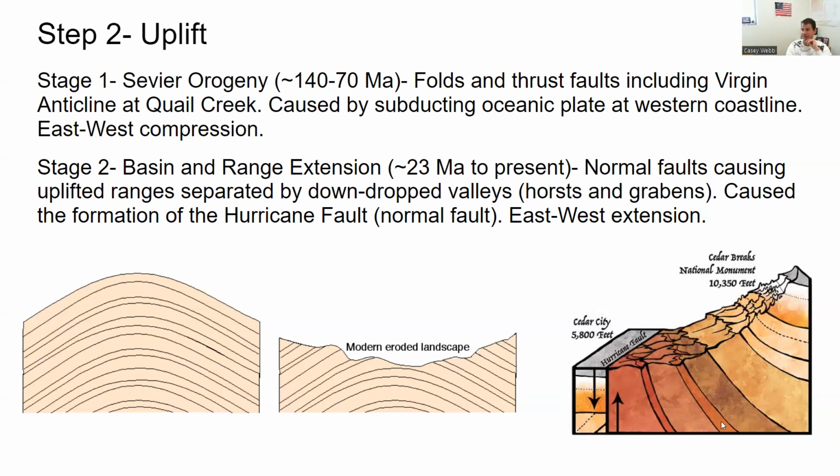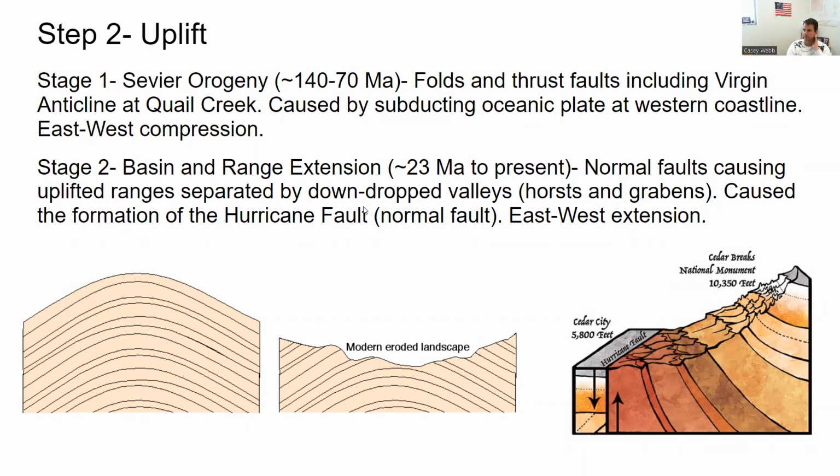And what we're seeing is that there is basically half of this same anticline feature that is preserved in the footwall, but the other side has been faulted downward. So we'd have to dig down a few thousand feet to find the other half of that fold structure. Okay. So these folded rock layers were the result of the Sevier orogeny, but they have been dissected or superimposed by this fault, which occurred during the Basin and Range.